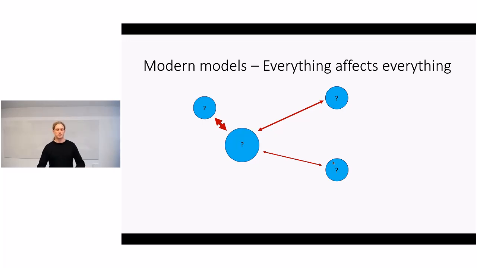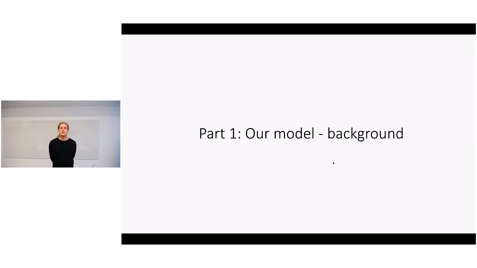You're looking at a more general model where everything wants access with everything. So now we're going to have a look at our model and a little bit the background, the justification for the model.